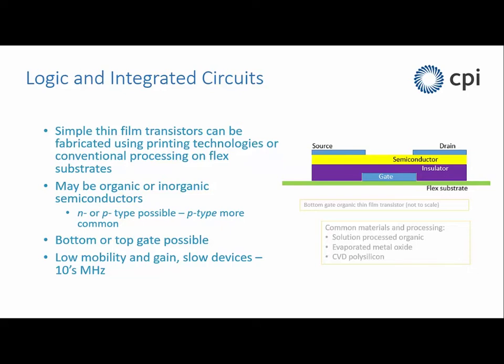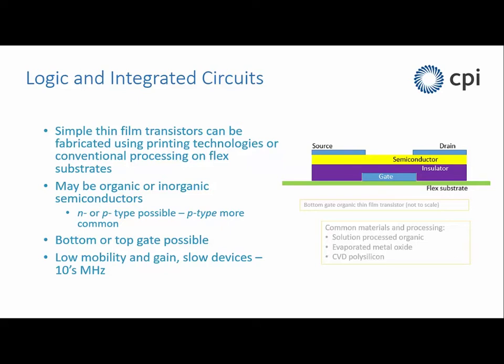I won't go into this in detail here, but there are multiple ways in which we can create flexible transistors on flexible substrates using often quite conventional processing techniques. So these may or may not be printed. It is possible to print an OTFT, or organic thin film transistor.